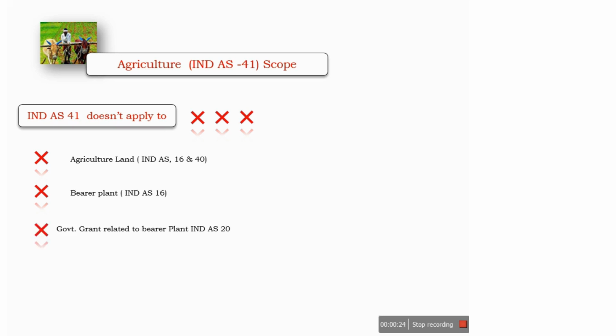And government grant related to bearer plant will be covered under IND AS 20. Apart from it, any intangible asset related to agriculture activity, for example, any brand name for sale of agriculture products, will be covered under IND AS 38 instead of IND AS 41.